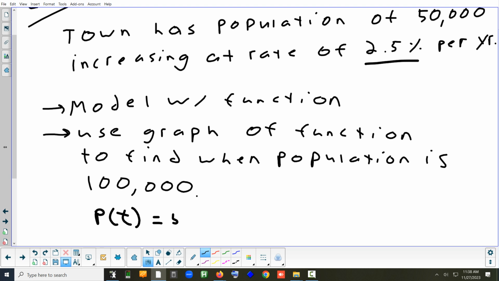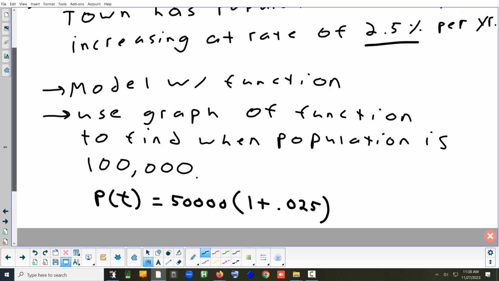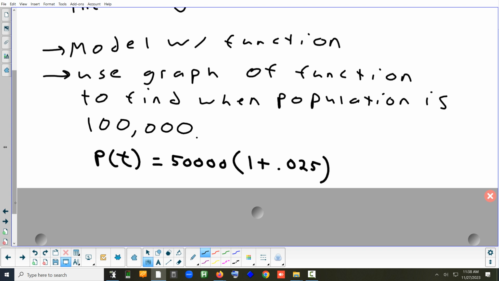Okay, so 50,000 times... And what was inside the parentheses? 1 plus our rate. Well, it's 2.5%. 0.025. And the last thing I need, and this is what makes it exponential, is raised to t. Yeah, I need my variable in the exponent.